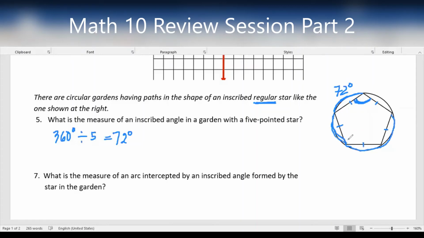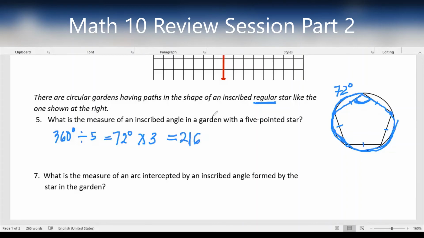So, tatlo siya. Kasi nandito yung angle natin eh. Ito yung point niya, tsaka to. Ito yung angle, di ba? Kaya ang na-cover niya, 3 arcs. That's why you have to multiply 72 by 3. And the answer is, ano yung 72 times 3? Francine? 216 po.